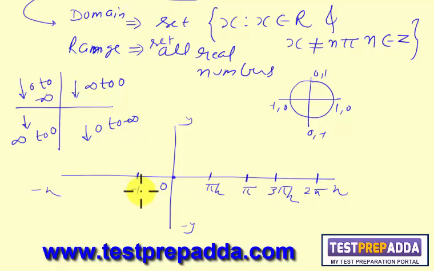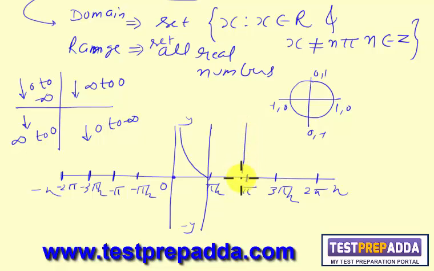This side if I go minus pi by 2, minus pi, minus 3 pi by 2, minus 2 pi. Now first quadrant decreases infinity to 0. So if I draw this, infinity to 0 means like this.